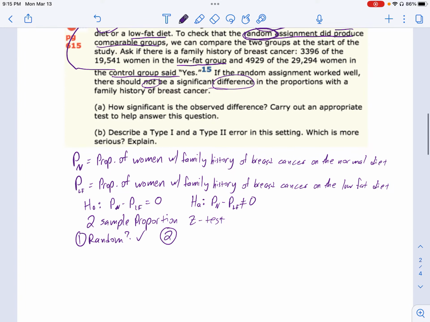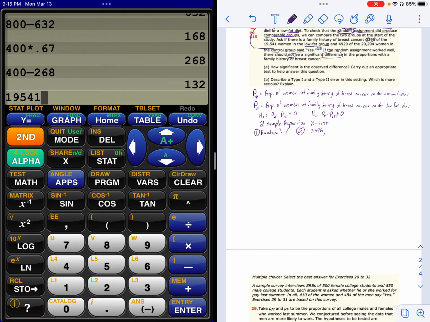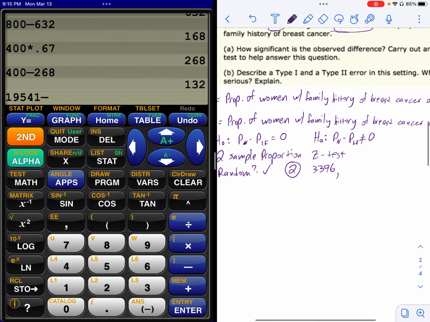So you could take your time and dig into it, and you probably should. So we had 3,396 right here. You should calculate how many is the complement of that number. So what's 19,541 minus 3,396?